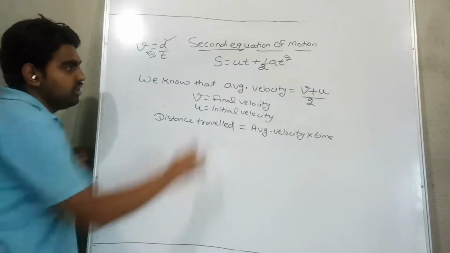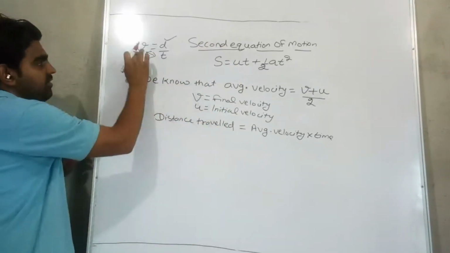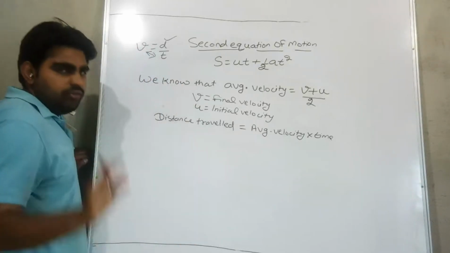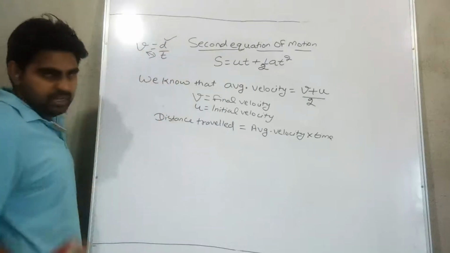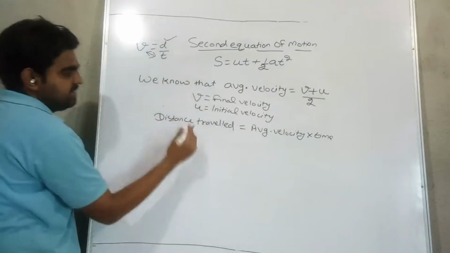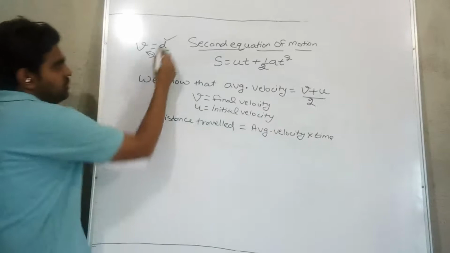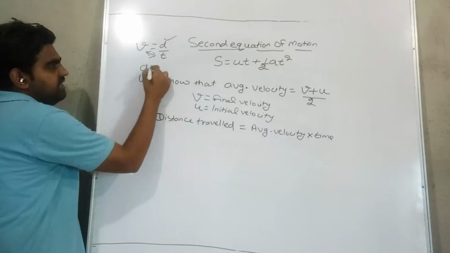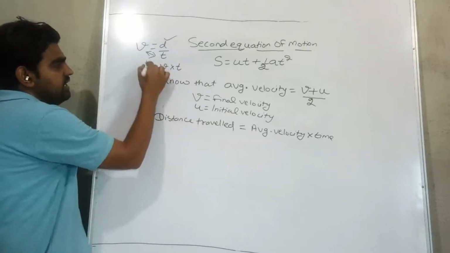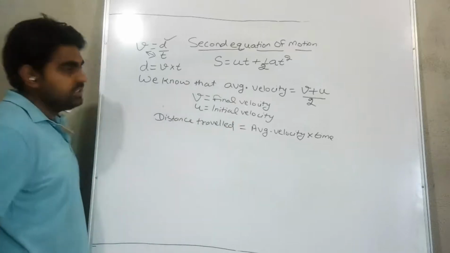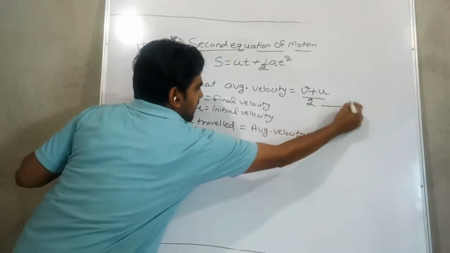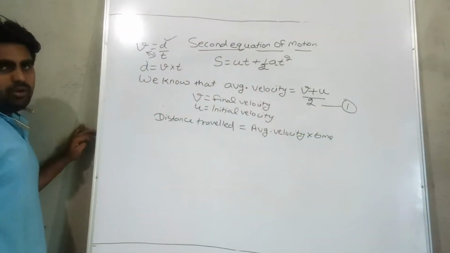But for solving this equation we take the velocity as average velocity. Clear? Now put the values.